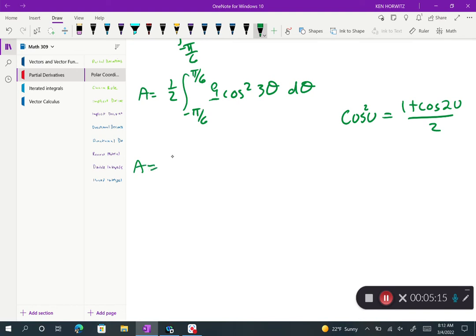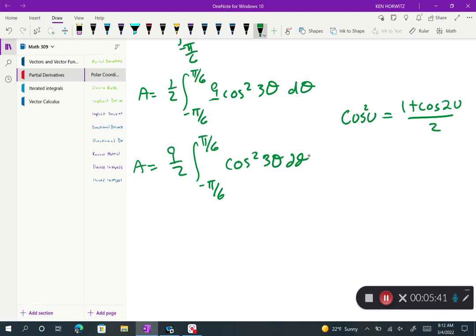So I have area equals 9 halves, negative pi over 6 to pi over 6 of cosine squared 3 theta d theta. Now, do you have to move all of your constants out? Certainly not a requirement, but for my taste, I like less clutter around my integral. It helps me out a lot.